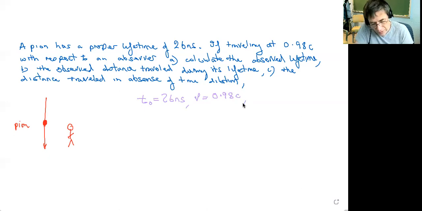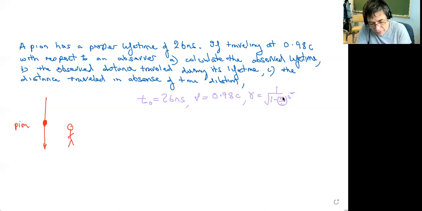We can calculate from that the Lorentz factor that's important in time dilation. We give it the symbol gamma. It's 1 over the square root of 1 minus (V over C) squared.